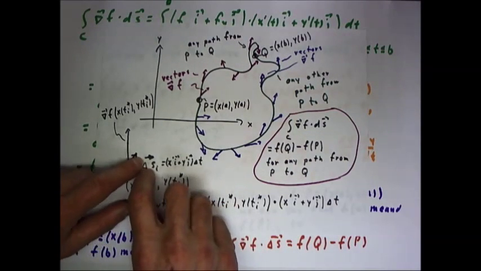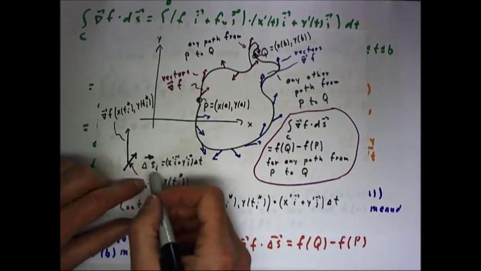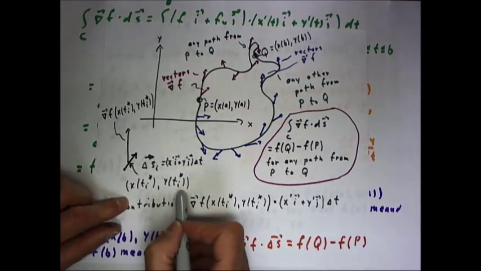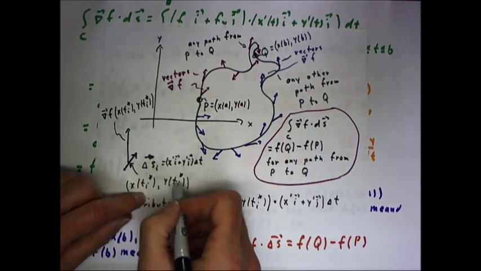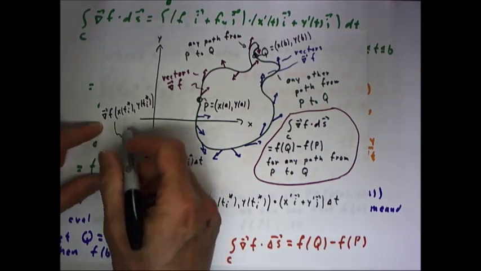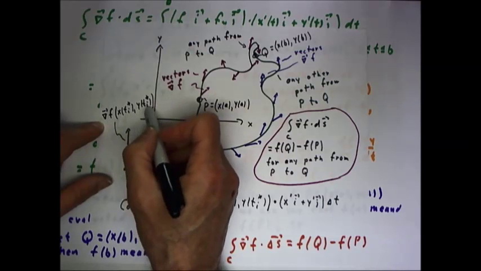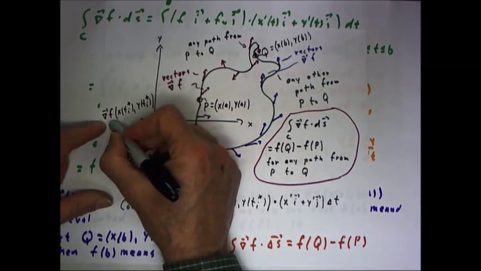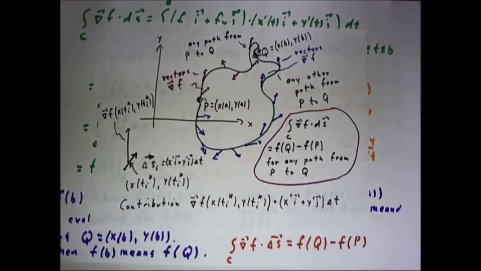Okay, I've made that correction. This is a delta s i, a typical interval. We have an x of t i, y of t i, t i star at the sample point. We've evaluated del f at the sample point by evaluating x and y at the sample point, feeding those into the function.